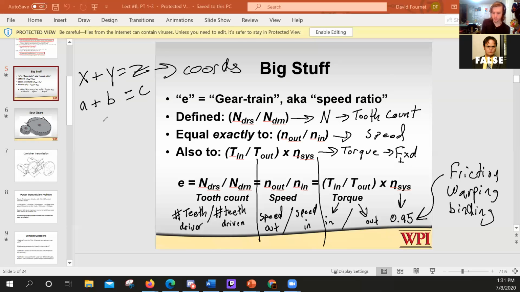Well, what if we have this equation, and let's say this is linear, so this is in a linear format. What if we want to take that linear thing but make it angular?